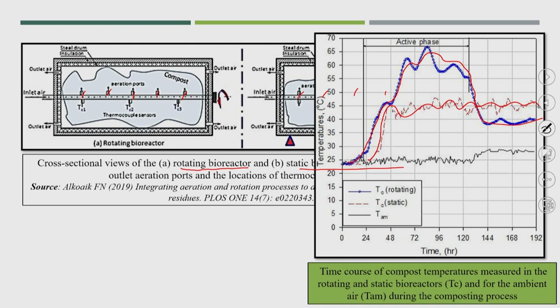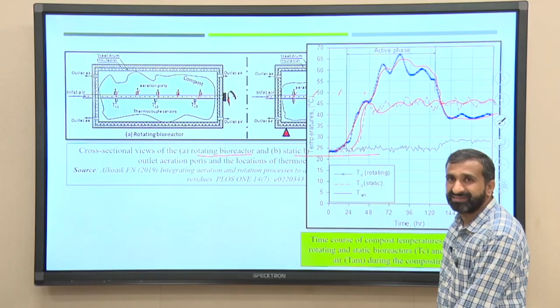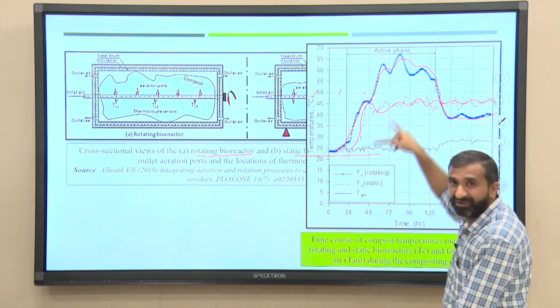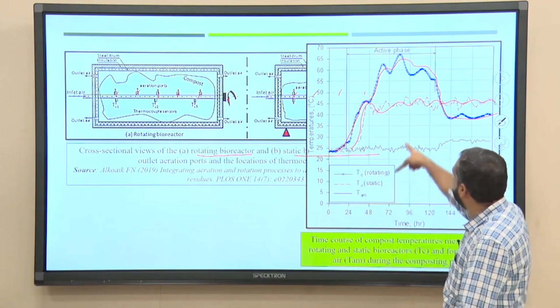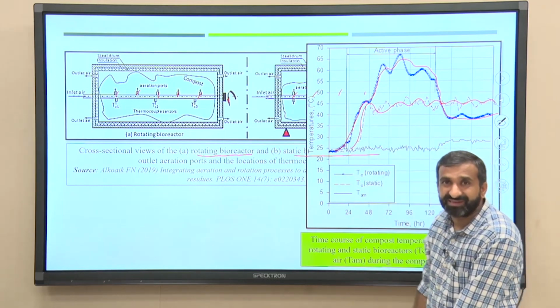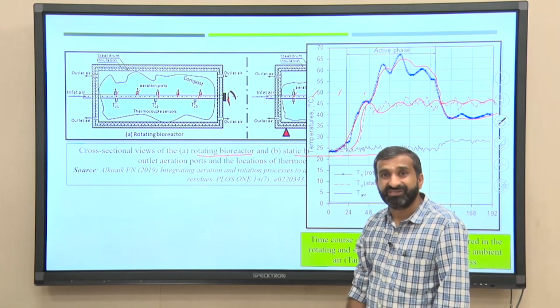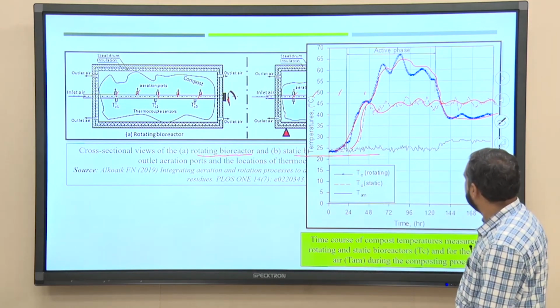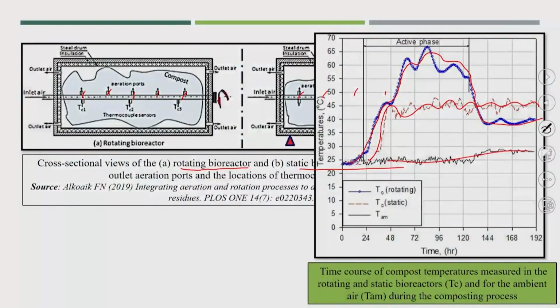Okay. You see, just compare both temperatures. If you rotate, the temperature goes up to 65 to 70 degrees, but if you are not rotating, you will get a maximum of 45 degrees centigrade. So, it is difficult to achieve the thermophilic degradation process. And this is the ambient temperature.